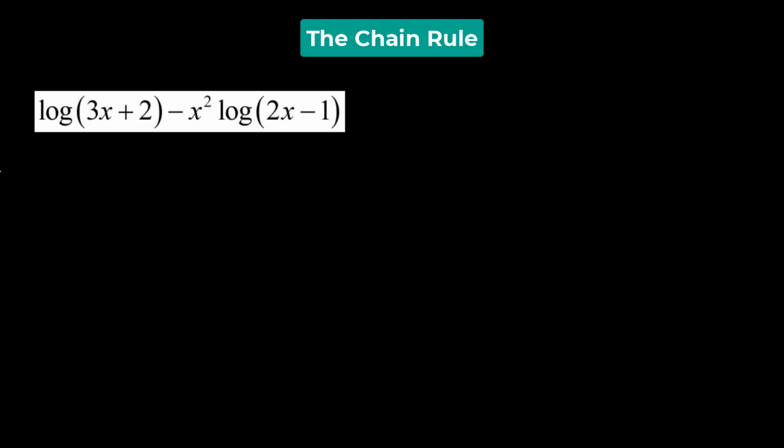So here we have the function given by log of 3x plus 2 minus x squared times log of 2x minus 1. Let's try to find out the derivative with respect to x. So first we're going to apply the derivative to each of the two terms.